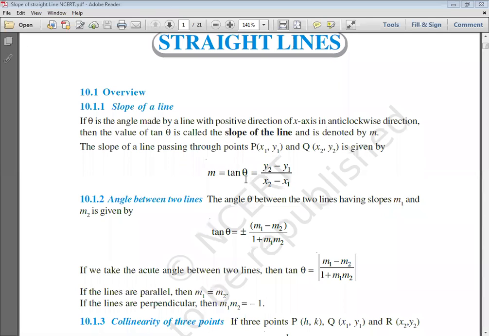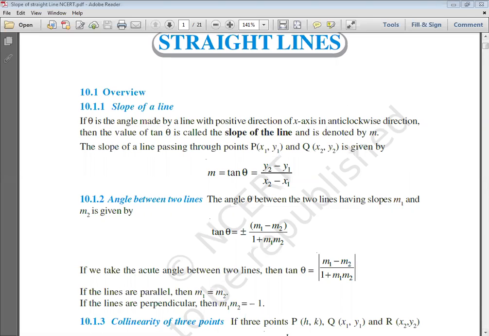And another way is, if we have two points on a particular line, then the slope of the line we can write as y2 minus y1 by x2 minus x1, that means the difference between the y coordinates divided by the difference between the x coordinates. So in these two ways we can compute slope. I do hope you have understood what the slope of a line is.